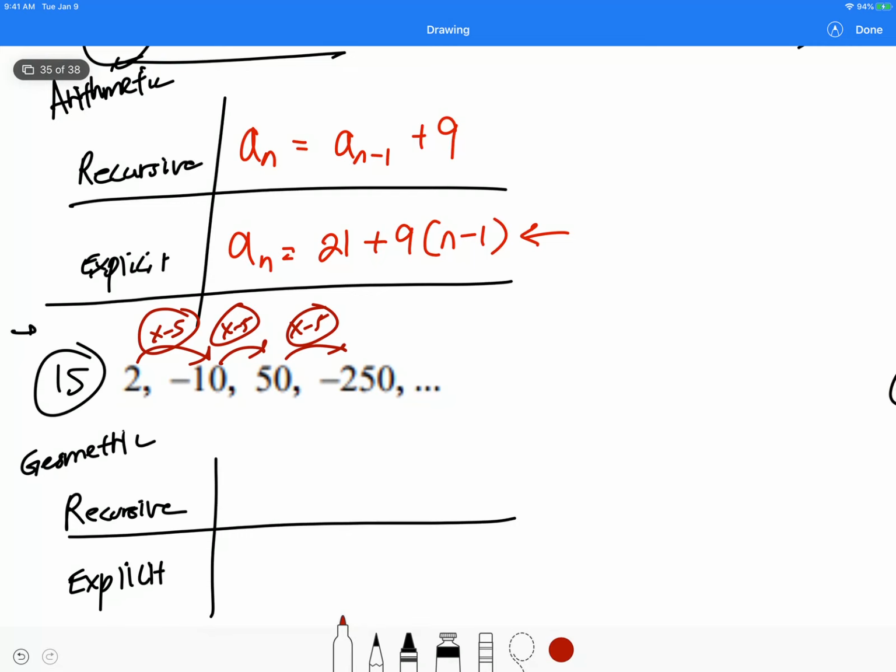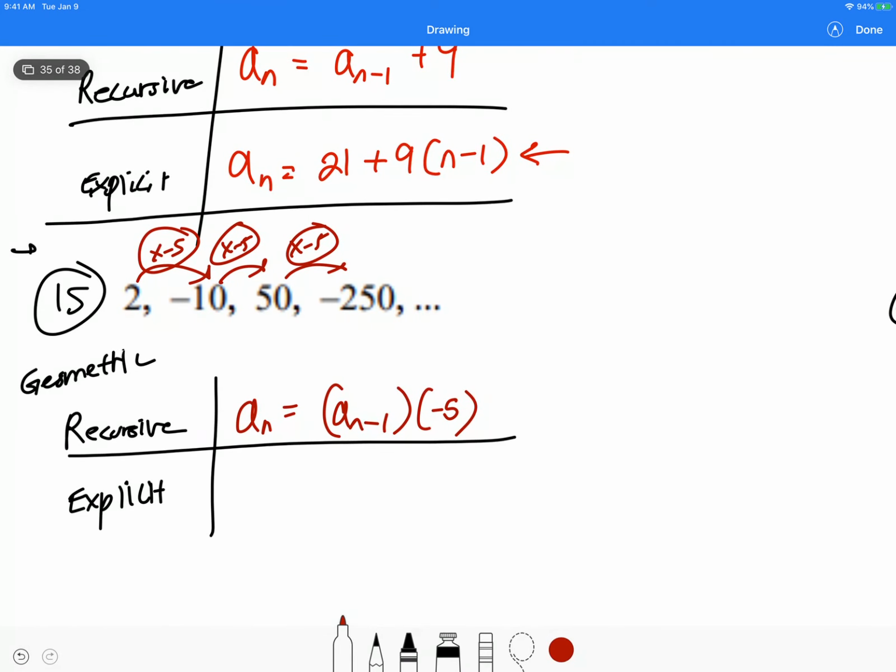So I'm going to say a sub n is equal to the previous term, a sub n minus 1, multiplied by -5. That is simply what the recursive formula is going to be. For the explicit formula, you should know that a sub n is equal to a sub 1 times the common ratio to the n minus 1 power. Applying that rule here, it's the first term times the common ratio of -5 raised to the power of n minus 1. And that's going to be it.